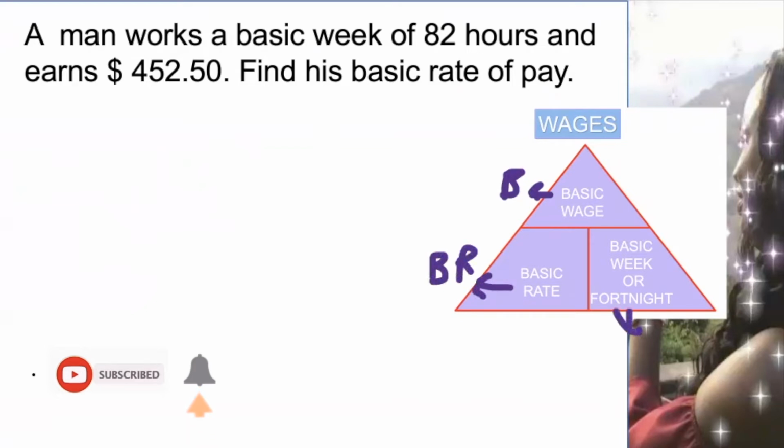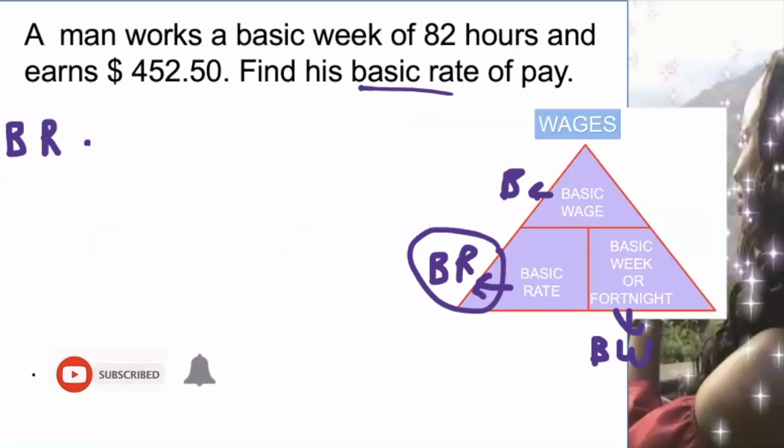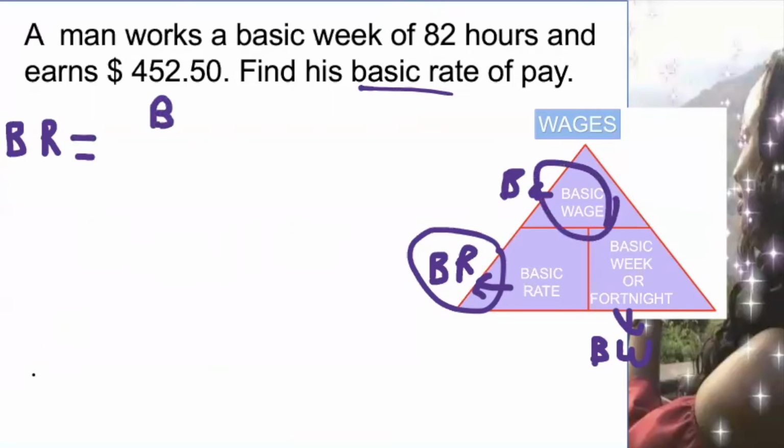And basic week or fortnight as BW. Since we're asked for the basic rate, so basic rate is equal to basic wage, because on the top of the triangle, all over, because this is below, it's all over basic week.